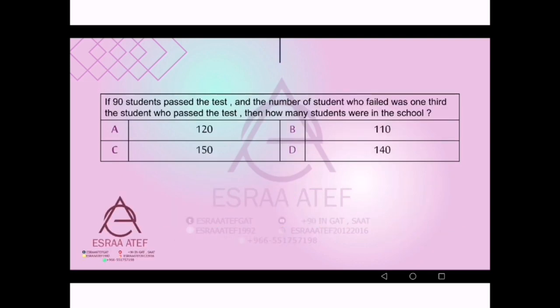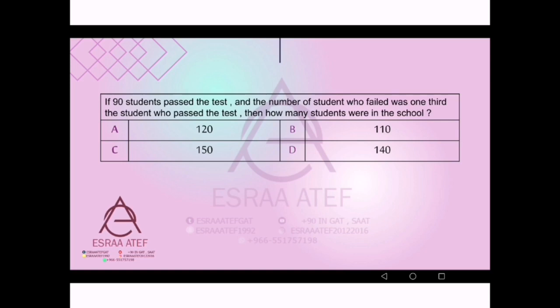Next one here. If 90 students passed the test, and the number of students who failed was one third of the students who passed the test, then how many students were in the school?